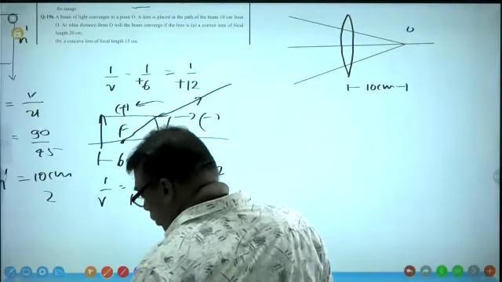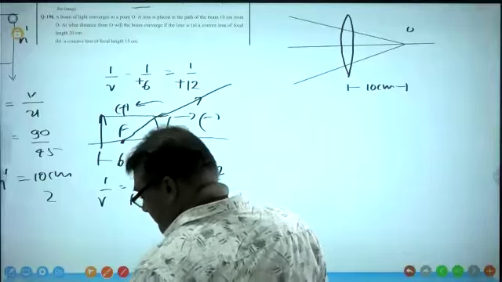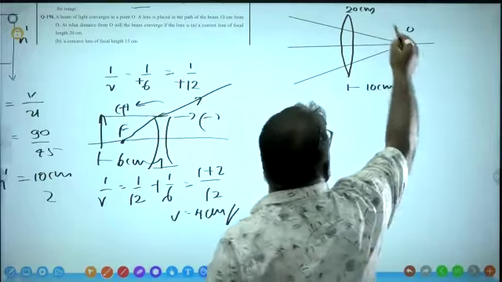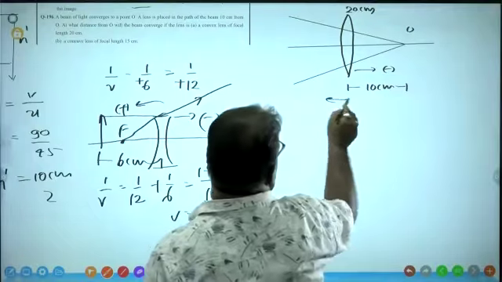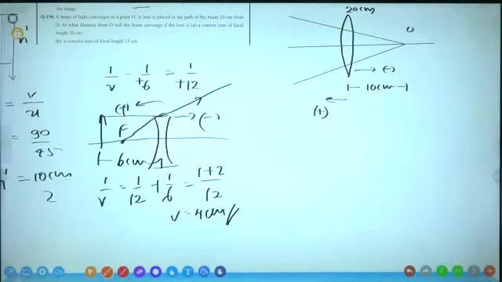At what distance from O will the beam converge if the focal length is 20 centimeter? Okay, towards this side, minus signs, towards backward, positive signs. Can we complete quick as possible?